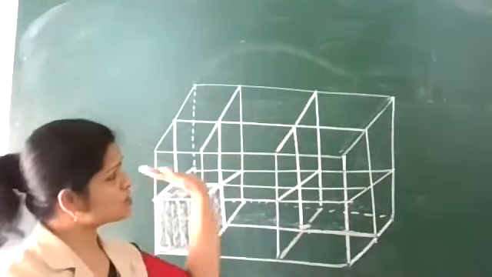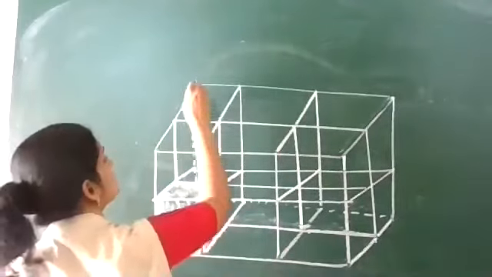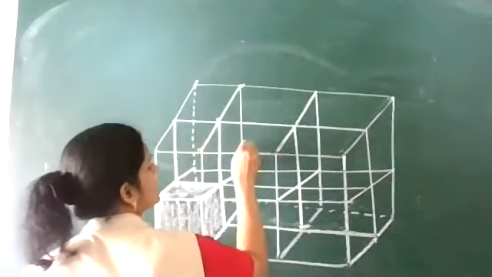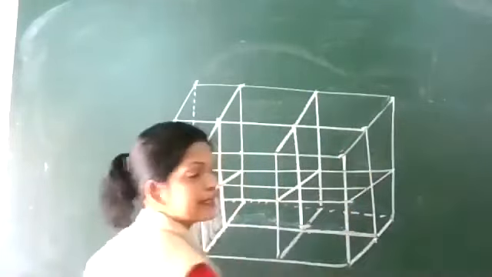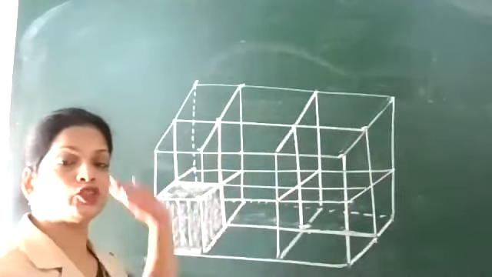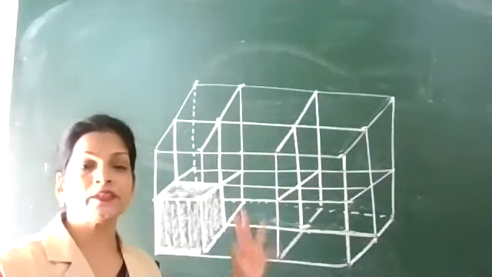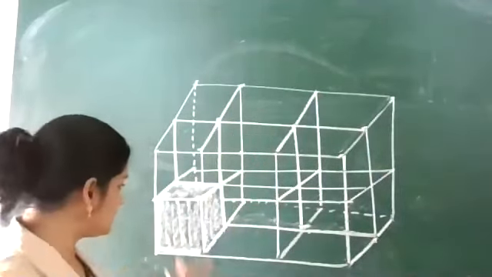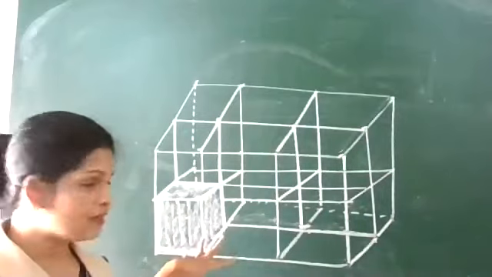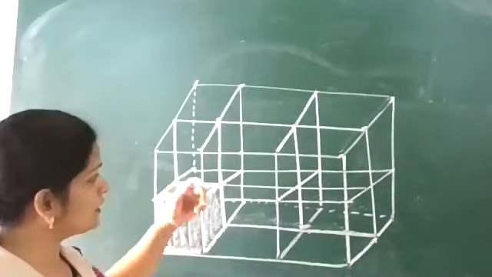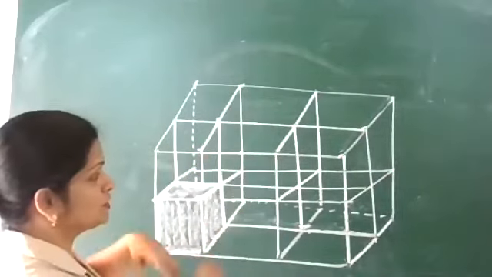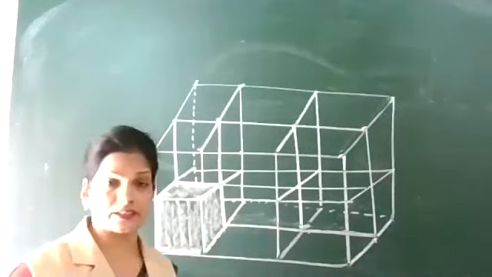The three-dimensional arrangement of points in space is called a crystal lattice. And this is the unit cell. Unit cell is the portion of the crystal lattice which, when repeated in different directions, generates this entire crystal lattice.